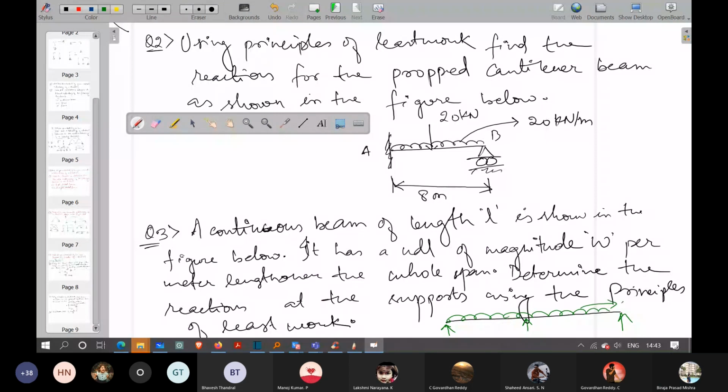This is W per meter length, this is A, this is B, and this is C.